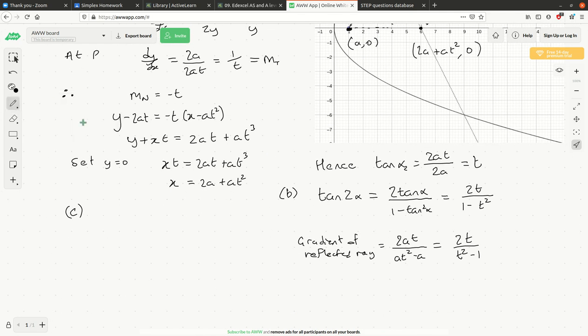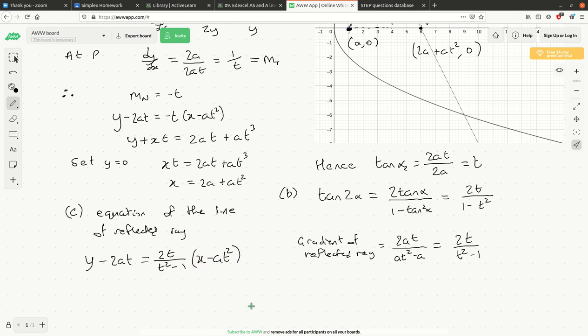So the equation of the line of the reflected ray is simply y minus y1, and I'm going to use P for my point which lies on the reflected line, equals the gradient, which we just worked out, 2t over t squared minus 1, times x minus x1.